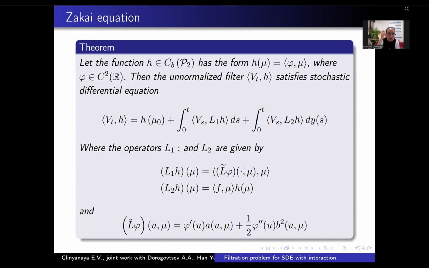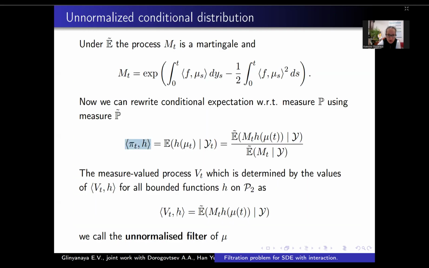So let us state the theorem that we get. Recall here we have the function h, which is a function defined on the space of measures. In the next theorem, I will state the result just for one case, when h is the integral with respect to measure mu t.